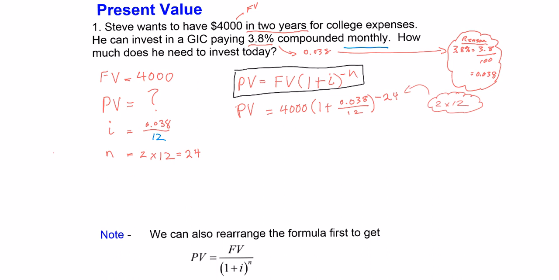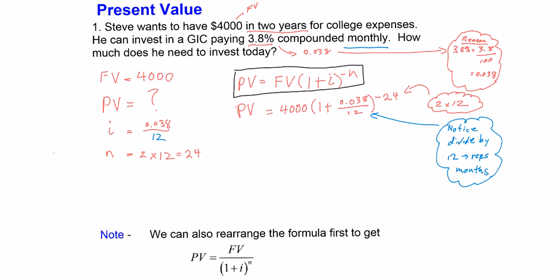And I want you to also notice we divide the rate, so basically for the I, we're just converting it to the rate that we have monthly. That's why we divide by 12. Every percentage that we get in these problems is a yearly rate, and we have to convert it into monthly, semi-annually, stuff like that.